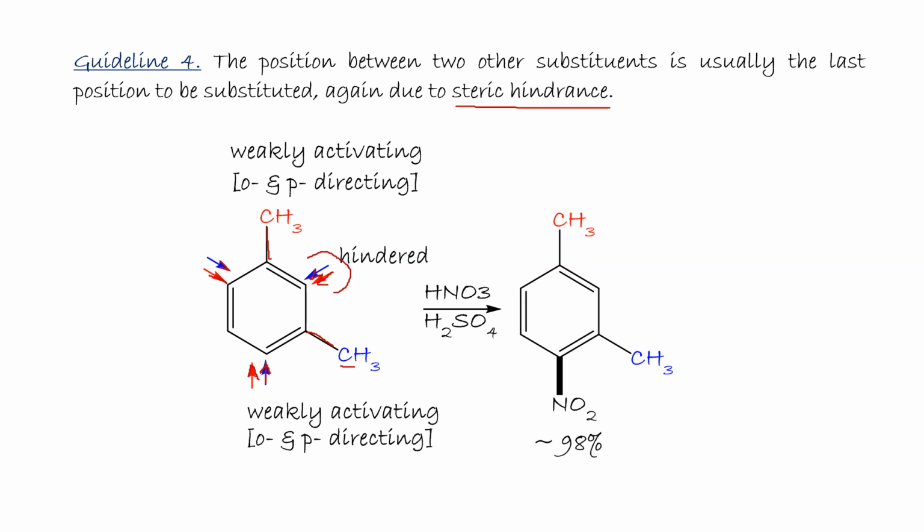This position is strongly hindered, and substitution here is the last thing you think of. So we have it in here or in here, and since this molecule has symmetry, both sides will be the same, and the product is 2-nitro-4-methyl toluene in 98% yield.